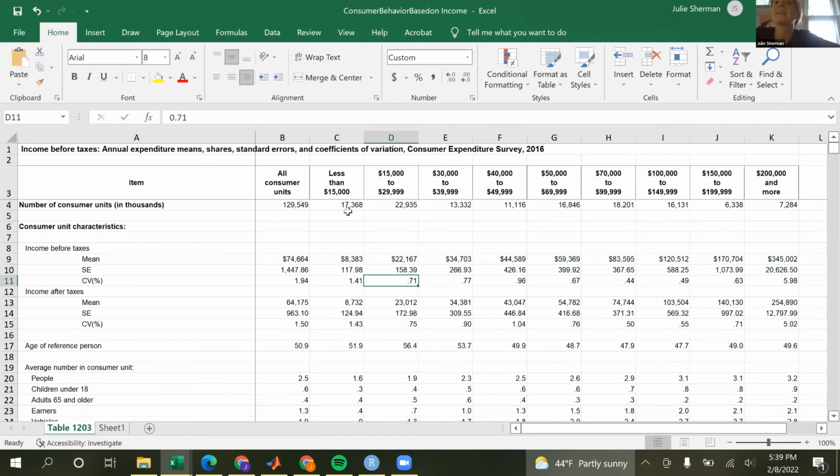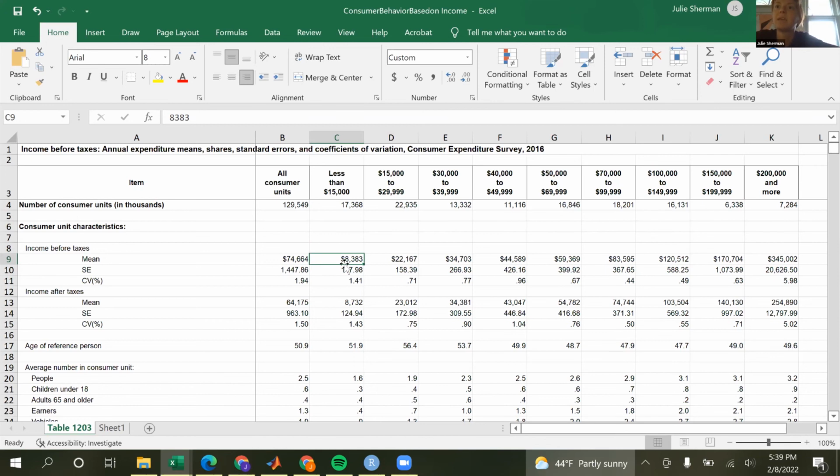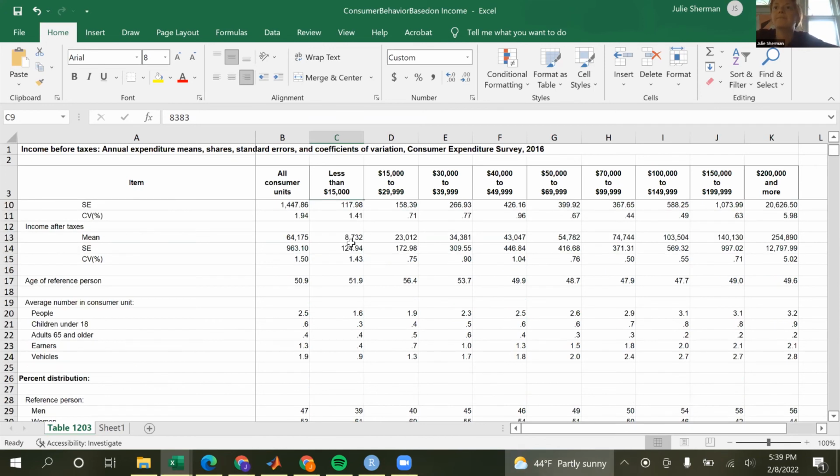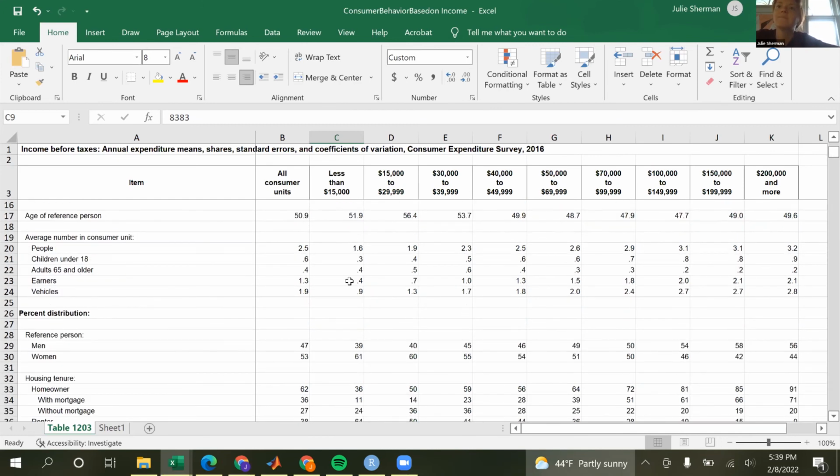So if we look at this row, it gives us the different categories of income. And as we go down, we see the average income within that category. And based on taxes, if that's something we care about, we can break it down in the demographics.